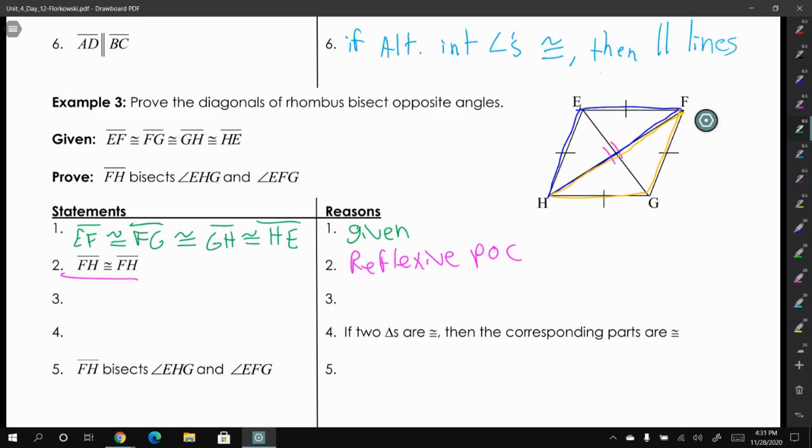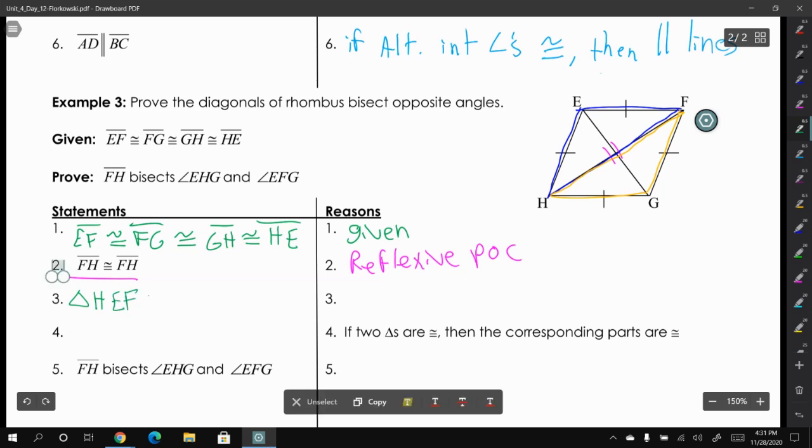EF and EH are congruent to each other, but HG and FG are congruent to each other and congruent to the corresponding sides in the blue triangle. So we've got to make sure we go in the correct order. So triangle HEF is congruent to triangle HGF. And that is because we have side, side, side.